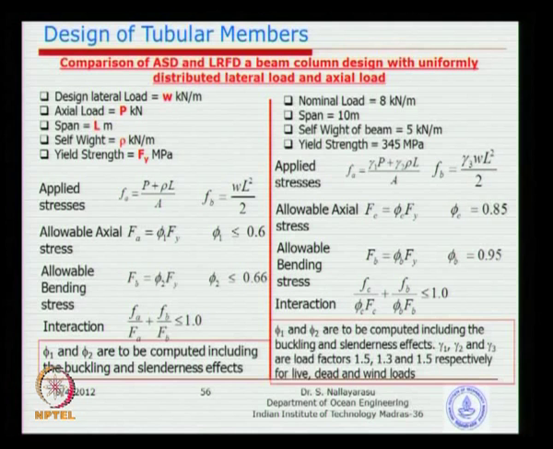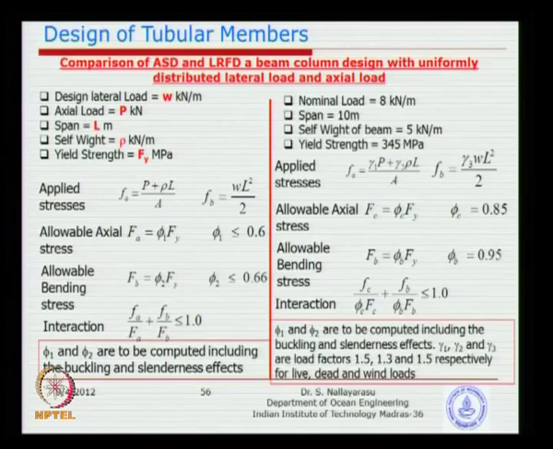When you are looking at the LRFD, we just simply have two differences. The loads are multiplied by load factors and resistance is multiplied by resistance factors, and ultimately you see the interaction between the axial and bending is simply a linear proposition in the allowable stress, and the same linear proposition is also used in the LRFD, except that you have the factors for combination. So, this is the only difference.